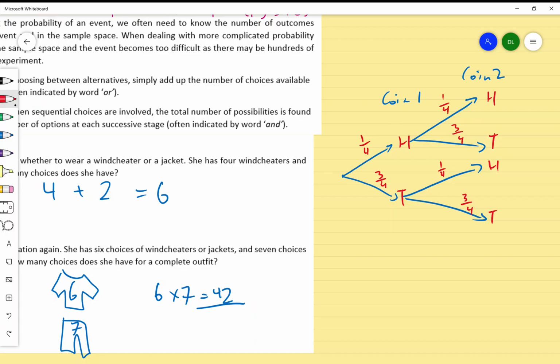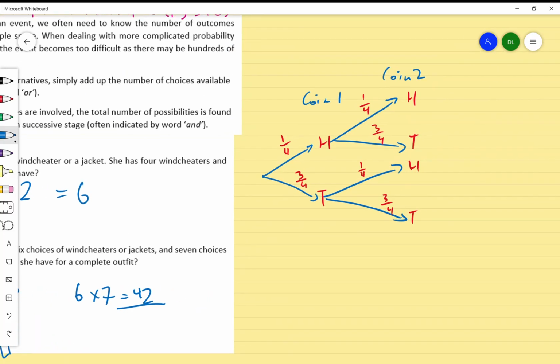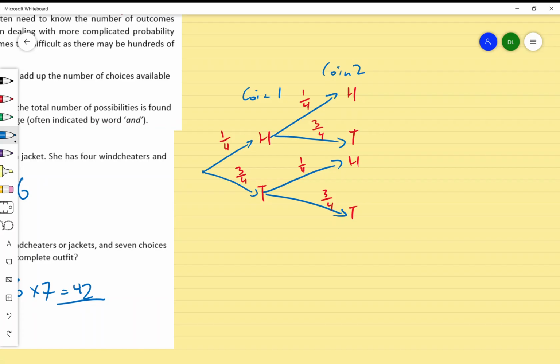As you can see, if I was trying to say what is the probability of finding a heads and a tails, actually let's pick an easier option. Let's say heads and a heads. To find that, I wouldn't just add them together, because after the first flip, it's a 1/4 chance of getting a heads, isn't it?